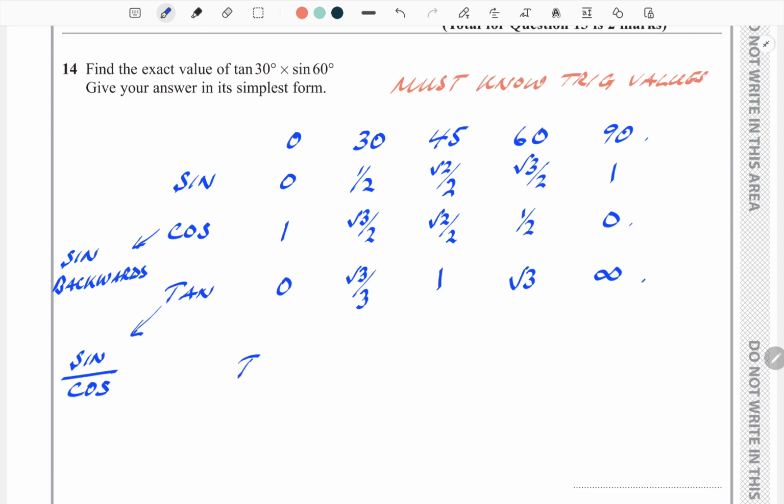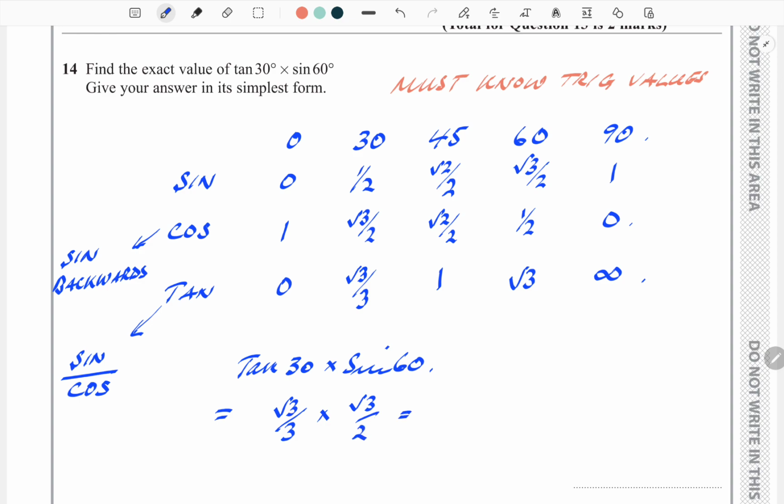So therefore, we've got tan 30 times sine 60. That's the same as we can see here, root 3 over 3. And sine 60 is root 3 over 2.